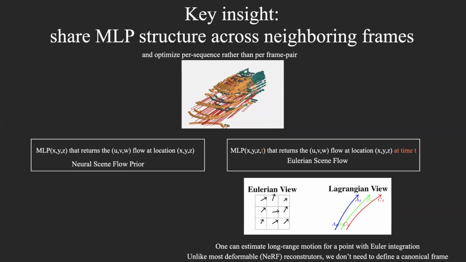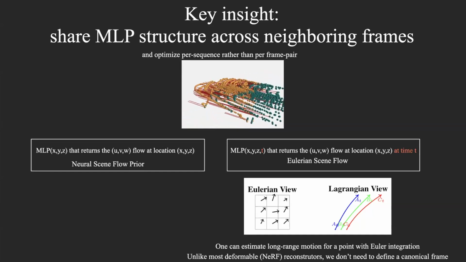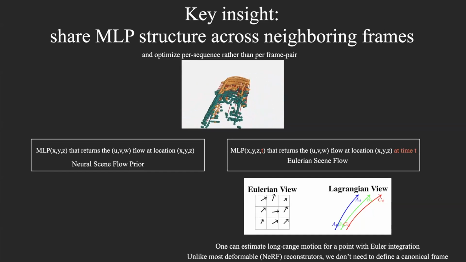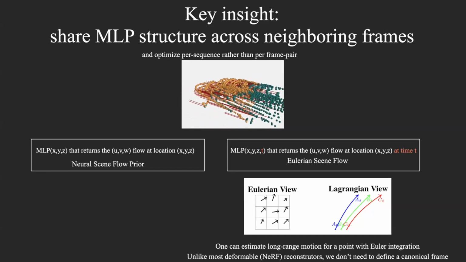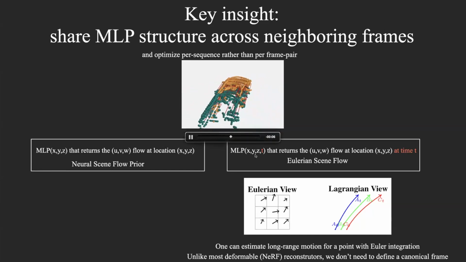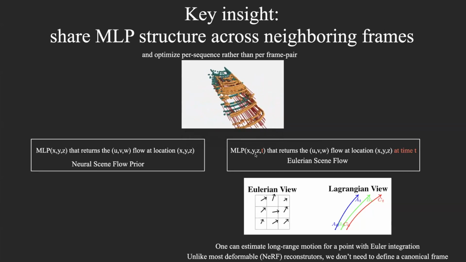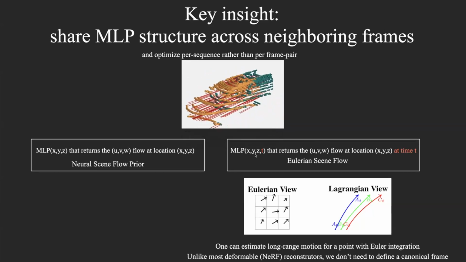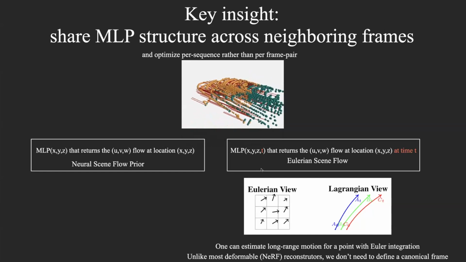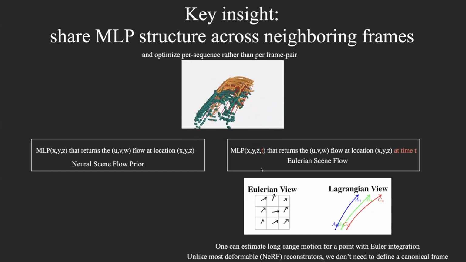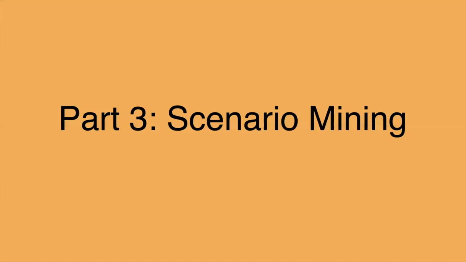Another way to characterize the motion of a fluid is to characterize, for every point in space, how much fluid is moving at that position. So my claim is that what we're training when we train this deformation field is an Eulerian model. You can query it with any point in space, and it returns the flow, the fluid flow, at that point. And the reason I call it Eulerian is that you can chain a bunch of these together to get a long range estimate of flow, which is what those visualizations were.